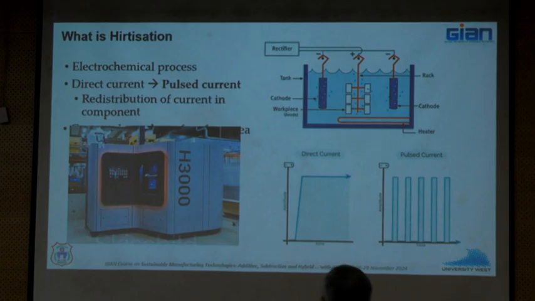But let's come to this. This is a new equipment for polishing that has been set up by one of the institutes which is not next door to us, but pretty close. It uses a pulsed current to control this electrochemical process of surface polishing.